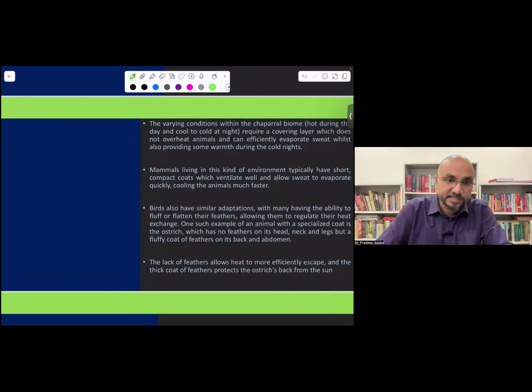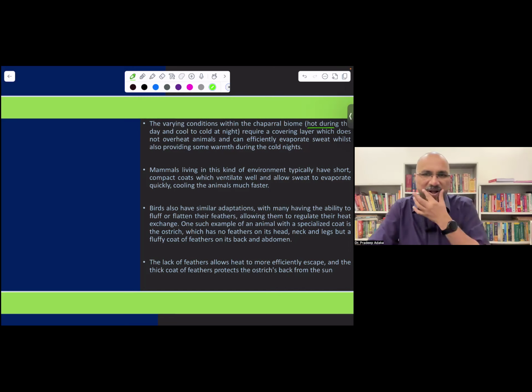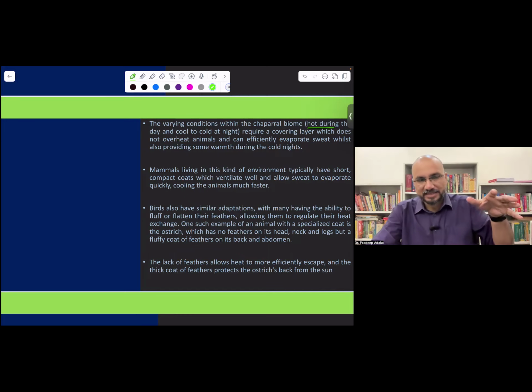So the varying conditions of the chaparral biome... even humans, we also lost the body hair because of this reason. Our anthropoid ancestors used to live on trees, right?